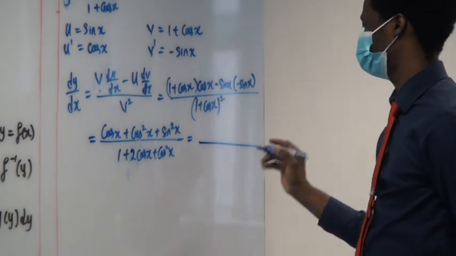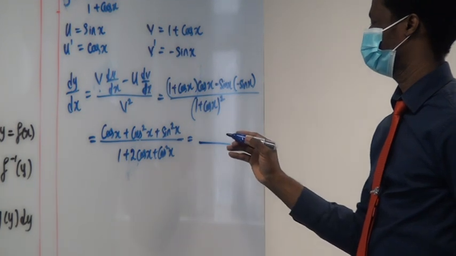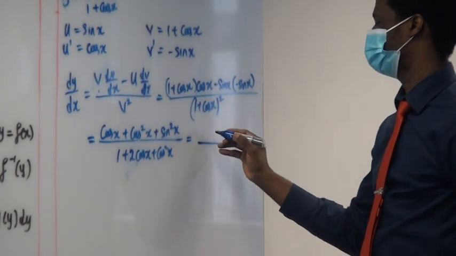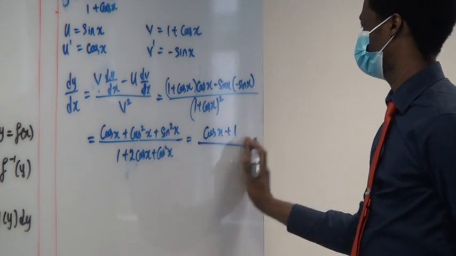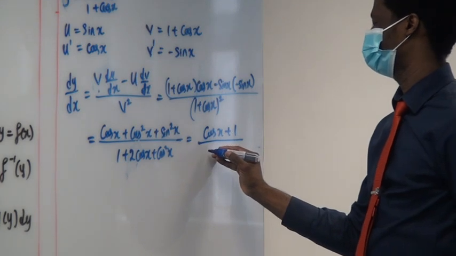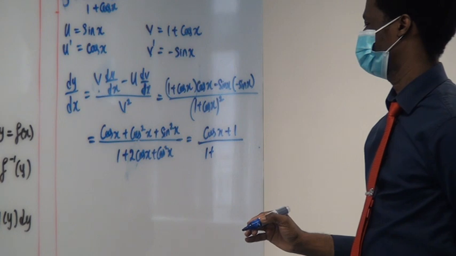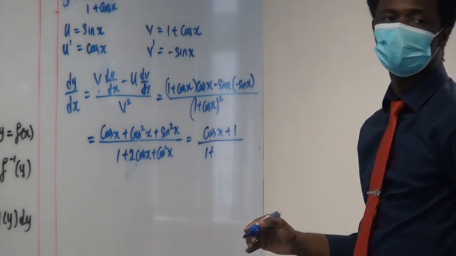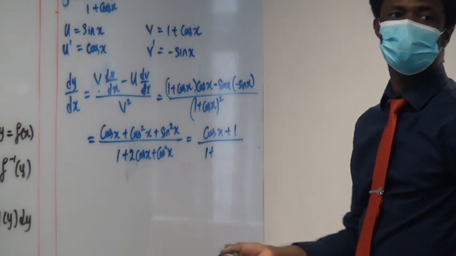Okay, let's move on. Next. So what do I write? Divided by 1 plus... Actually, we shouldn't have expanded. We don't need to expand. I wonder why he expanded. I thought you mentioned that over and over.